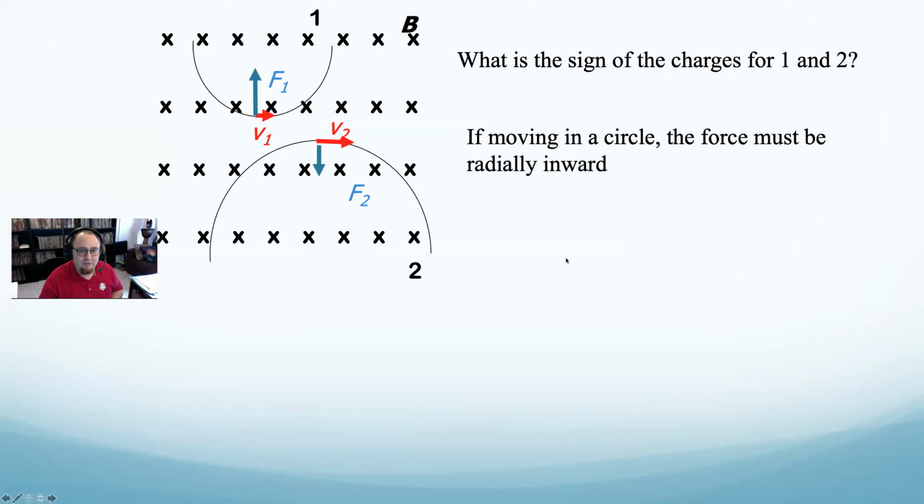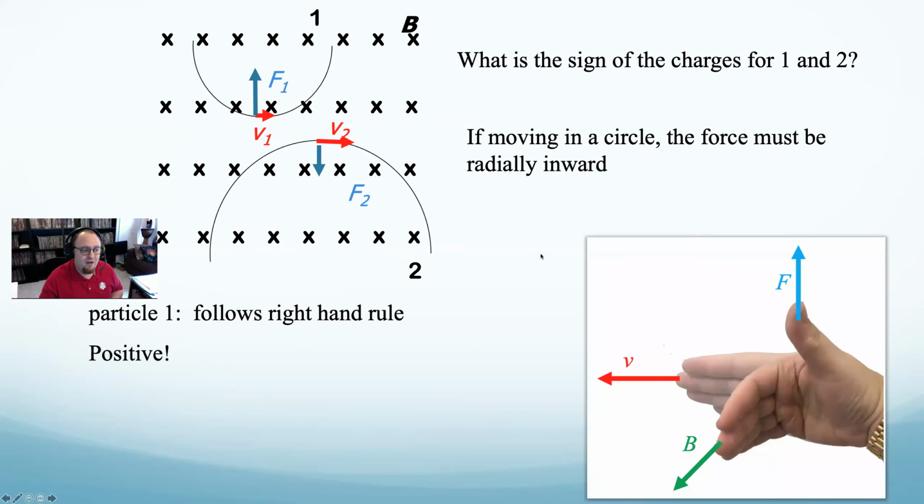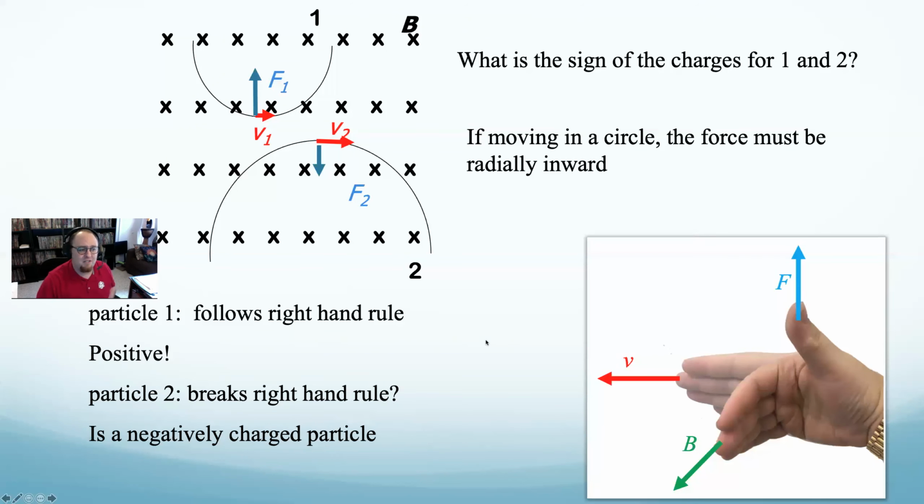My forces have to point to the middle. And following it, the top one has to be positive because V, B, it works. But the second one, V, B, my thumb pointed up and the force pointed down. That means it breaks the right-hand rule. That means if V was the other way, it would have worked. That means it must be a negatively charged particle.